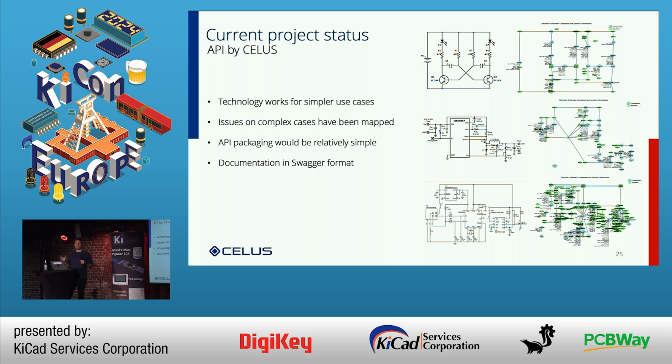For instance, when we have very high density of information, the way that we identify symbols and text may not be very reliable. We are working on solving those kinds of issues. The packaging of the API itself would be relatively simple, and we can make the documentation available in Swagger format, which is a very common type of documentation for web APIs.